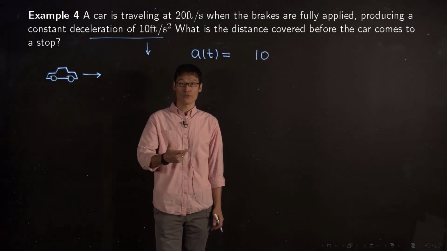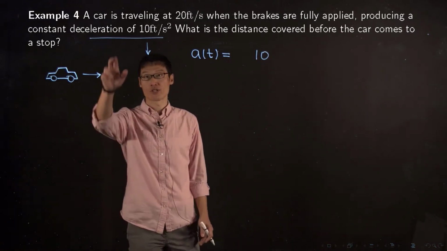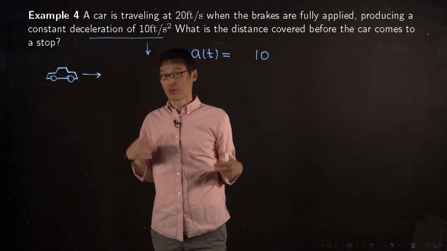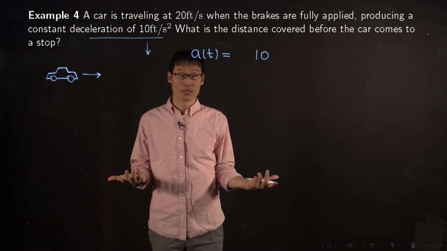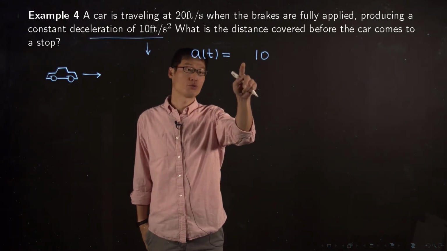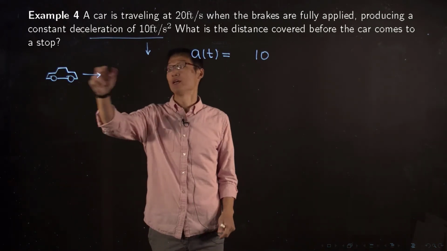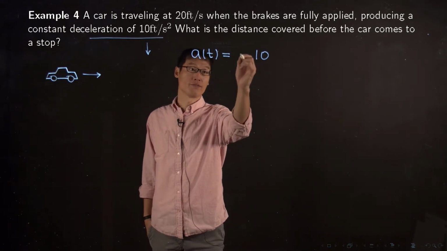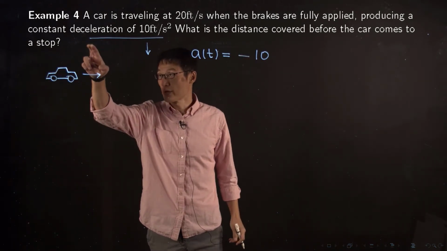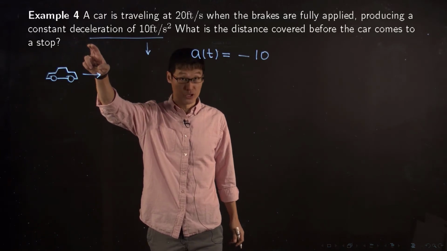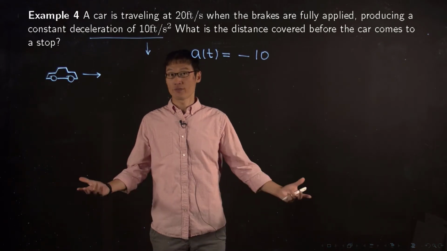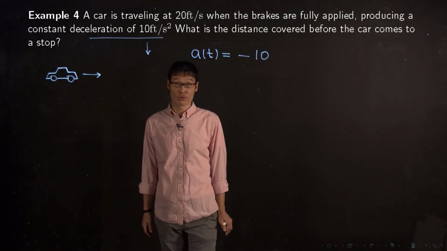But we need to be careful a little bit. This is a deceleration. Acceleration has some direction or sign, so you need to be careful to determine this sign. Now that the speed is decreasing, this acceleration is negative. Deceleration means negative acceleration. So you want to use negative 10. So we have a constant function for the acceleration.